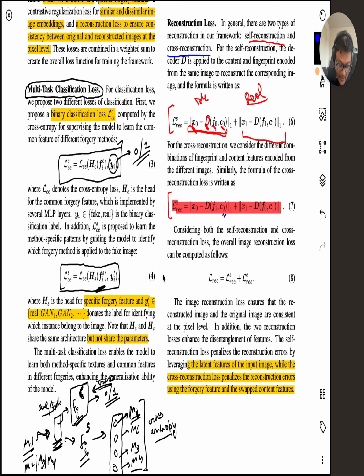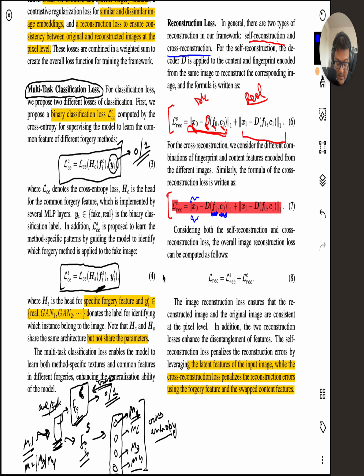Here you can see that they take the content of the original image, and then similarly they're taking the fingerprint of the real image, and then they are trying to regenerate the same thing, and nothing should happen, and they are trying to learn this type of invariance in their network.